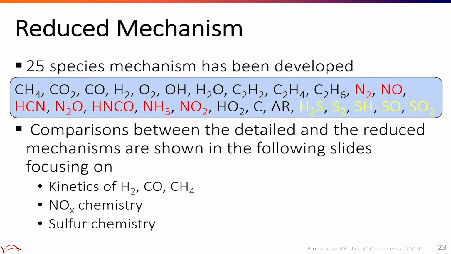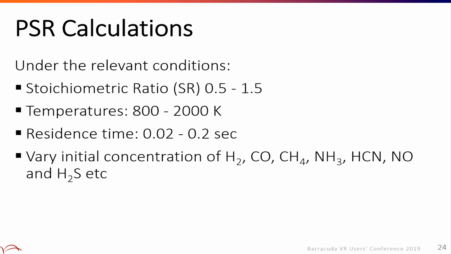With that, we came up with 25 species, and then show some comparison between the detailed and reduced mechanism. Our parametric space for this is a stoichiometric ratio 0.5 to 1.5, temperatures ranged here, residence time.